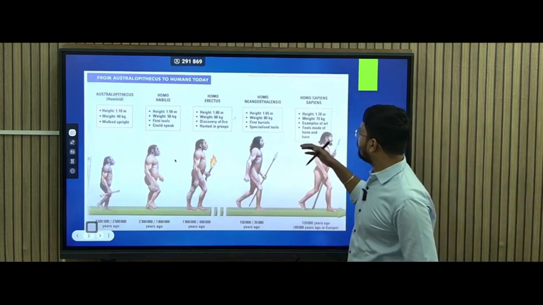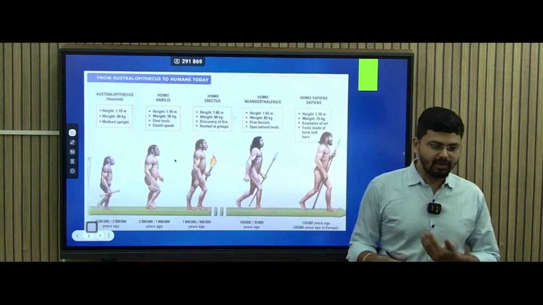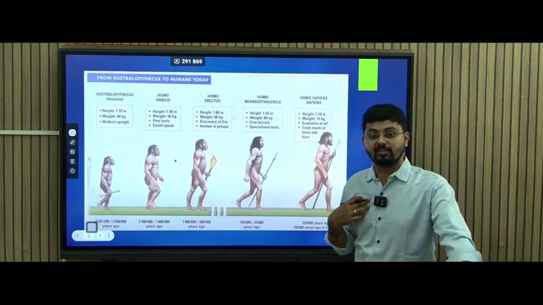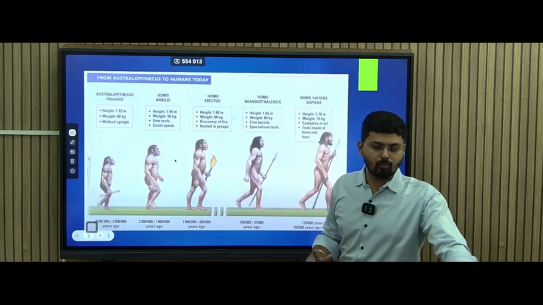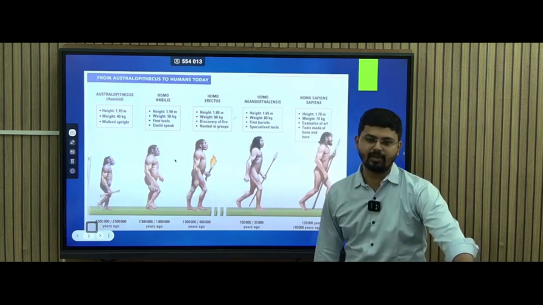And next you have Homo sapiens. That's the immediate ancestor of humans. So we are Homo sapiens sapiens. Okay, so we are also known as modern humans. So our ancestor is Homo sapiens.